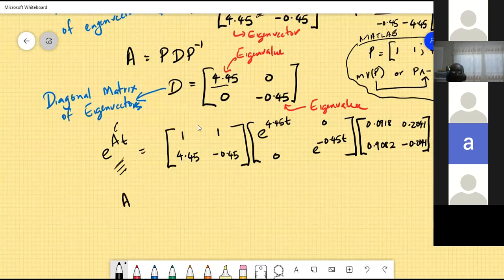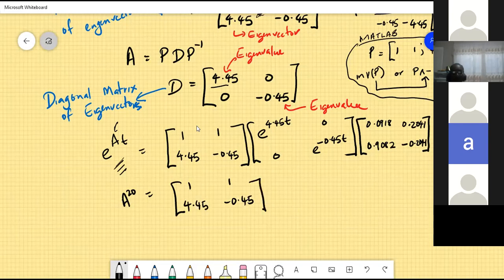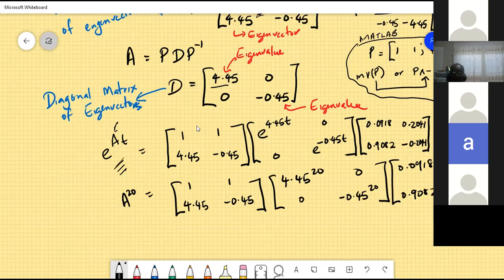So a to the 20 is going to be equal to the same thing, P, and it's the eigenvalue raised to the 20, so that's going to be 4.45 raised to the 20 and negative 0.45 raised to the 20, 0, and 0.0918, 0.2041, 0.9082, and negative 0.2041.